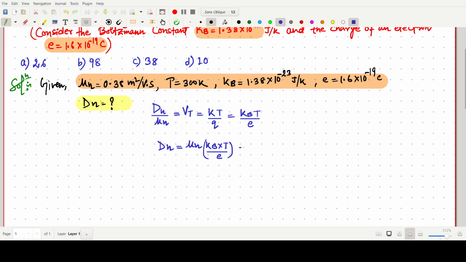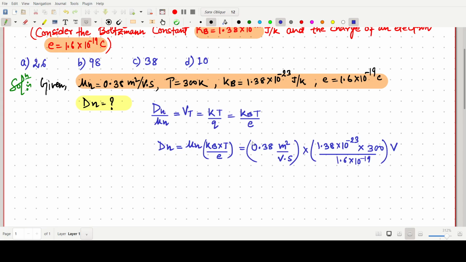Now how to solve? In the question mu n is given, so we can write mu n as 0.38 meter square per volt per second. KB is given, 1.38 into 10 to the minus 23 joule per Kelvin, into T, the temperature. Kelvin cancels, leaving joule divided by the electronic charge 1.6 into 10 to the minus 19, and this whole thing is our thermal voltage Vt.